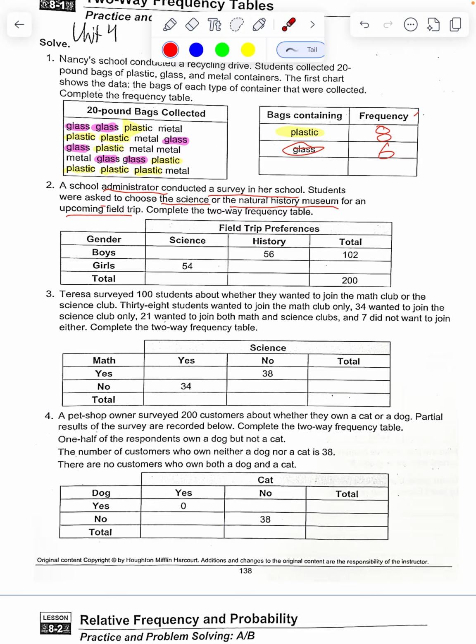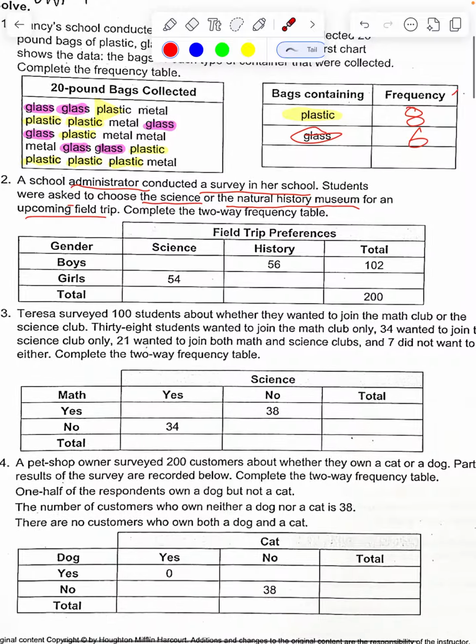Okay, how to complete the table? Let's look at the first row. We have boys. 56 boys chose history, and the total is 102. So science, we don't know how many boys chose science, right?